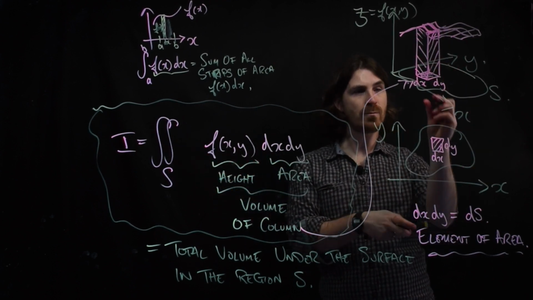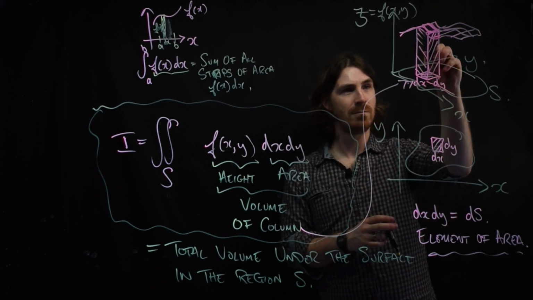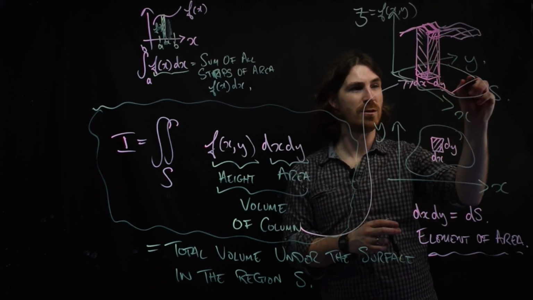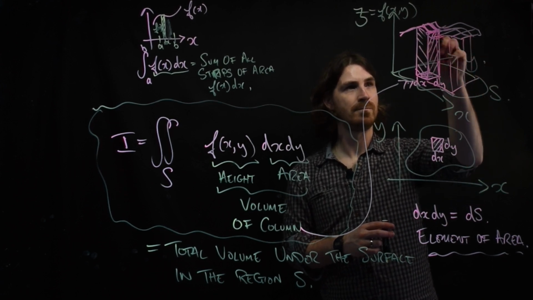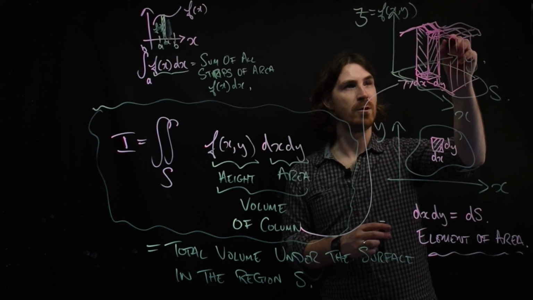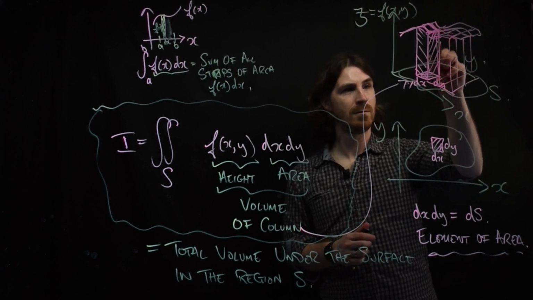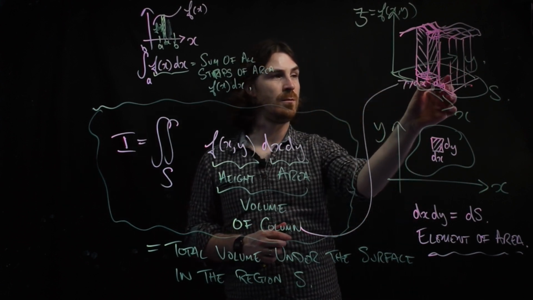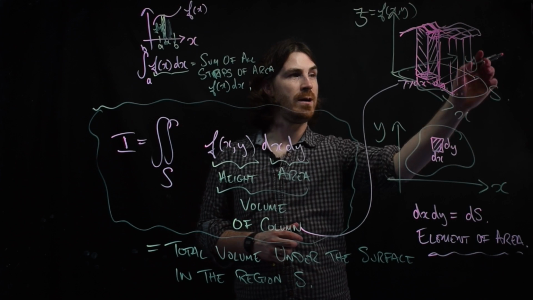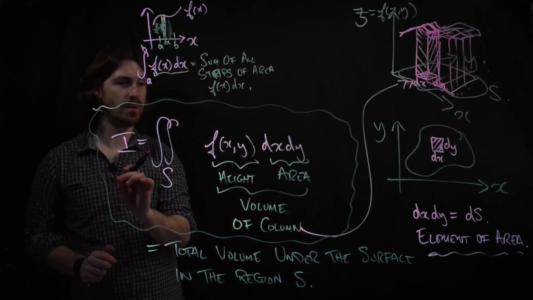There's columns along x, and there's columns along y, and we're going to add them all up. So we're repeating this little dx dy column along x and along y, and we're adding them to get the total volume.